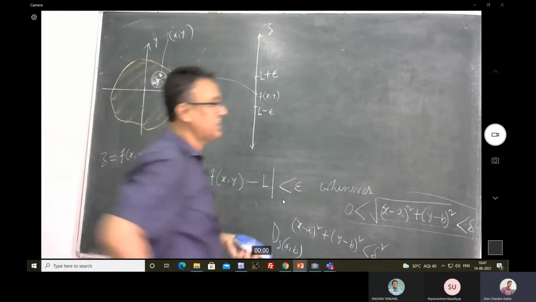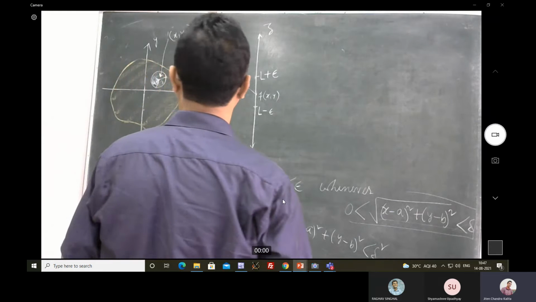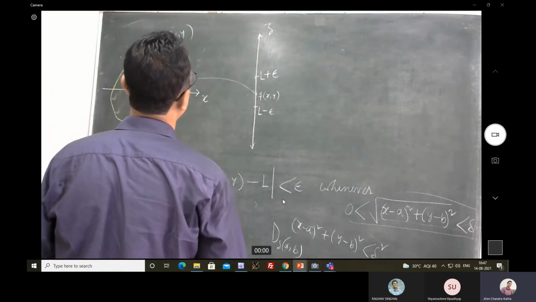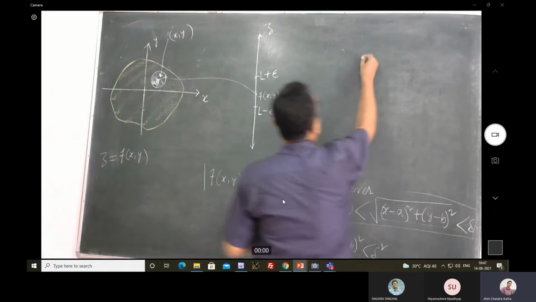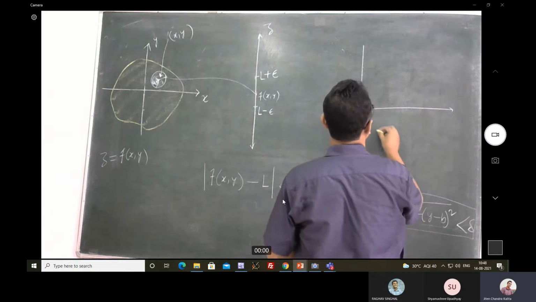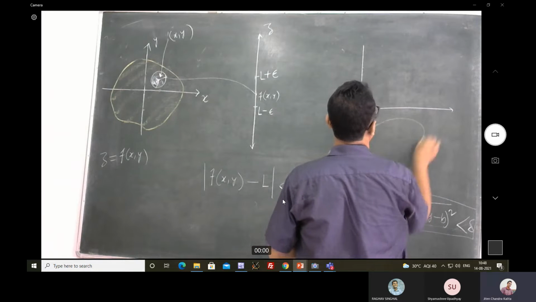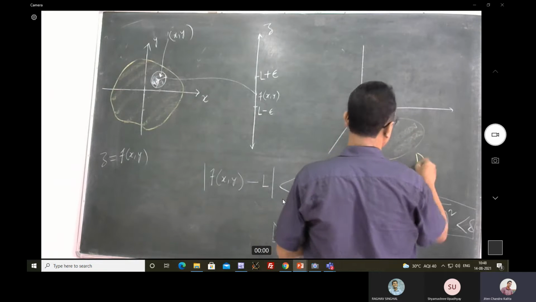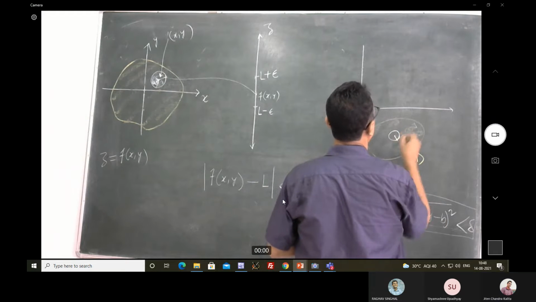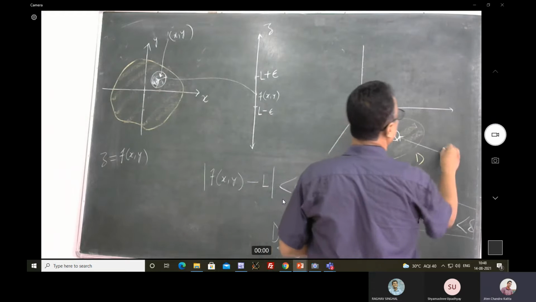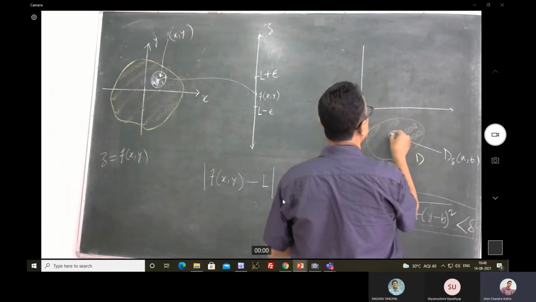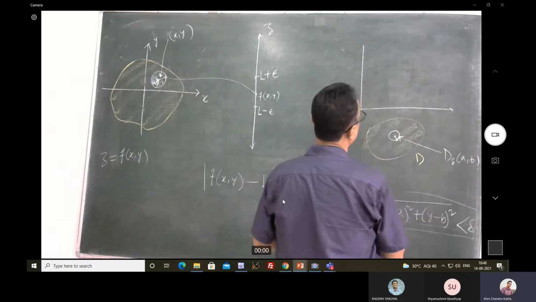Now, if I want to give you a more three-dimensional effect of this, probably what I can do is, suppose this is your domain G, and suppose this one is D delta AB, centered at AB and radius delta, all the interior points I am considering.